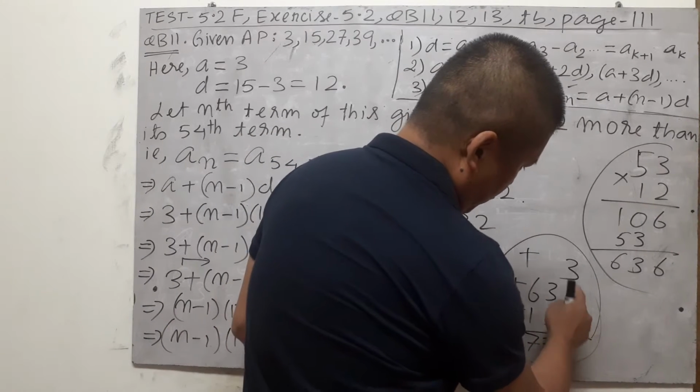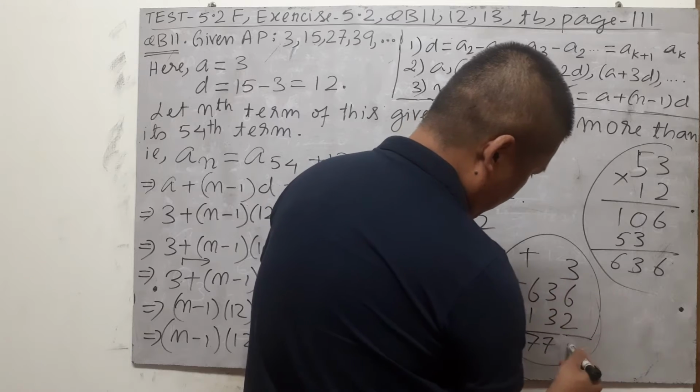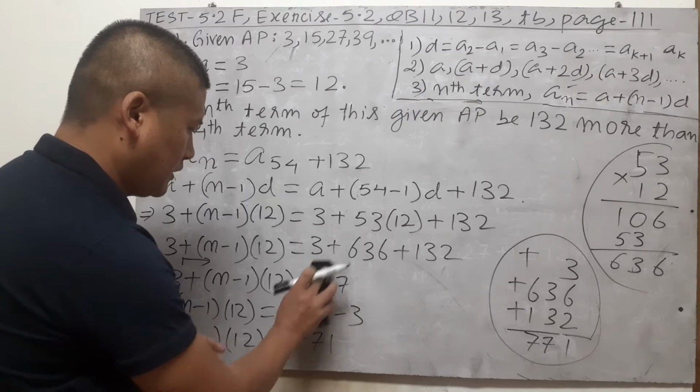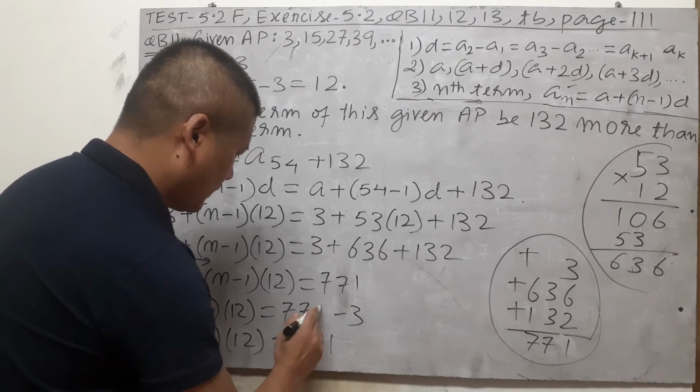6, 7, 8 plus 3, 6, 7, 8, 9, 10, 11, 1 in hand. This is 771. Sorry, so this 3 added should have been, please correct it, 771. So this also 771 minus 3.